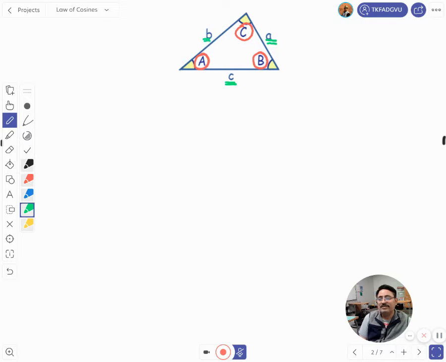Please remember that an uppercase letter indicates an angle, and the side opposite to this A is indicated with the lowercase a. You see that here is angle B, and the opposite side is named with the lowercase letter b.